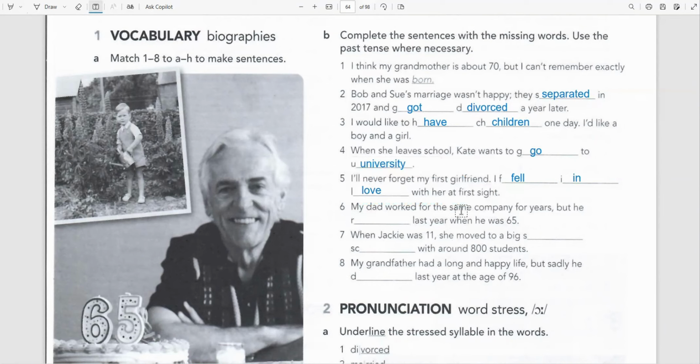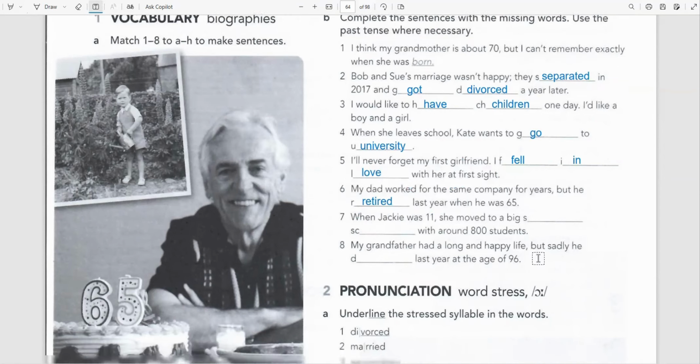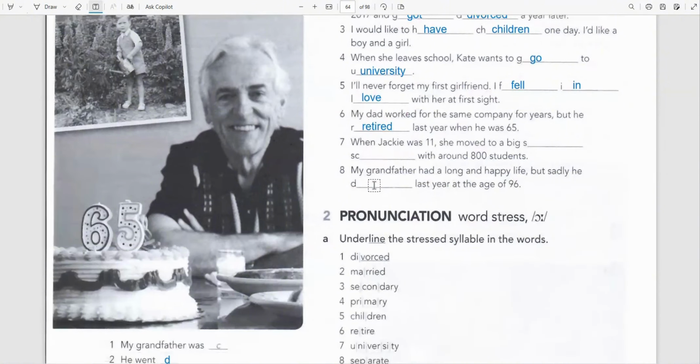Number 6, my dad worked for the same company for years, but when he was 65, so that's about the retirement, the word starting with R, so it will be he retired last year. Number 7, when Jackie was 11, she moved to a big S and SC. 11 years old, that's about school, and that's about secondary school, guys.